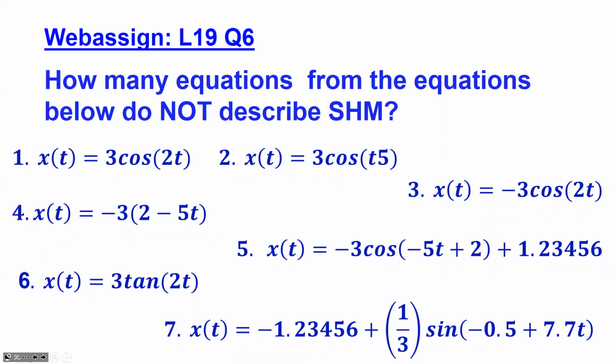If none of these equations, your answer is 7. And if some of these equations describe and some not, well, your answer is some number. So please check all the equations and enter the number of equations that do not belong to this lecture, do not belong to simple harmonic motion.